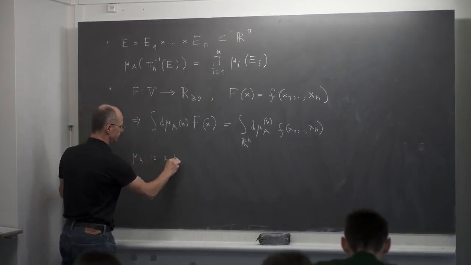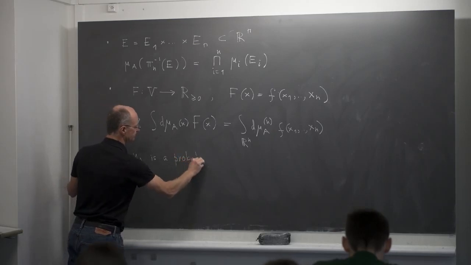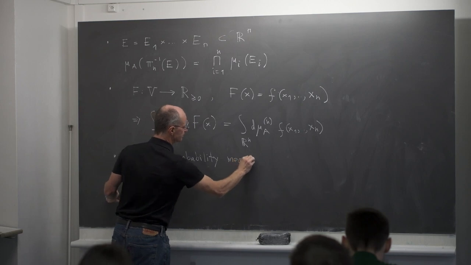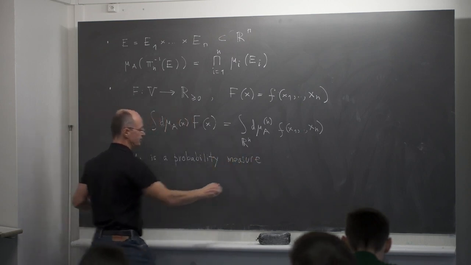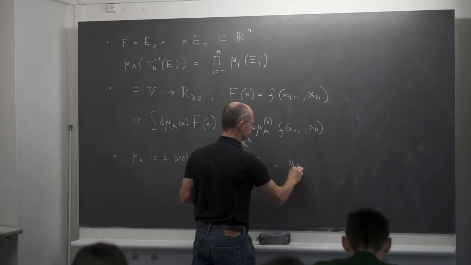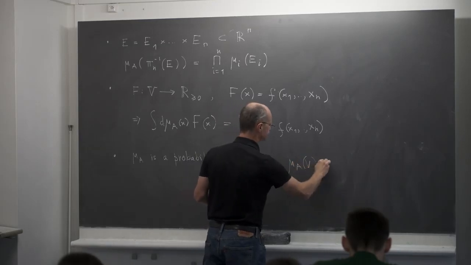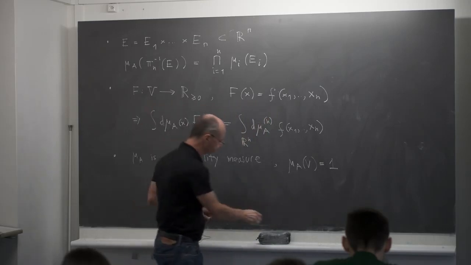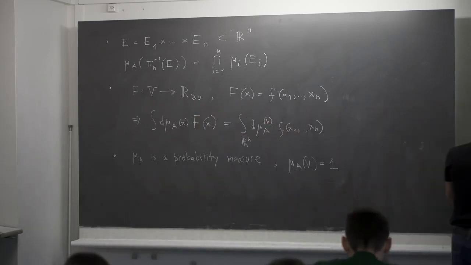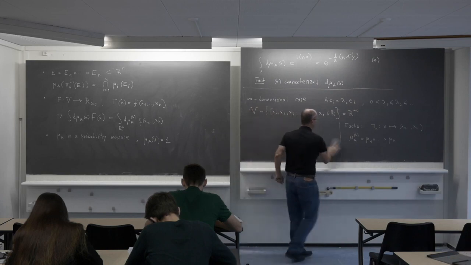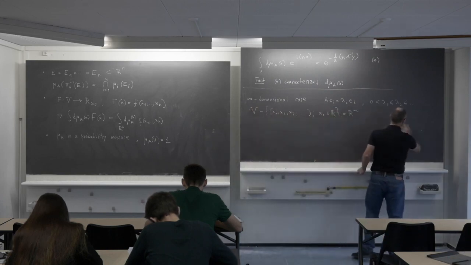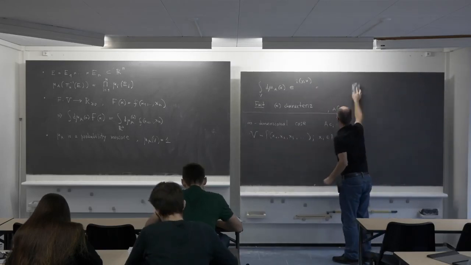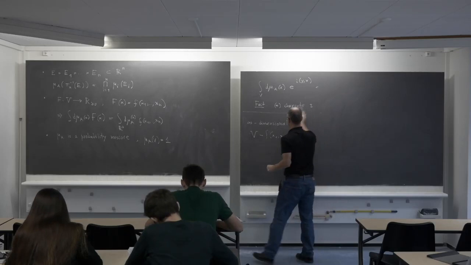Maybe the last thing to recall, μ_A is a probability measure, that is the total mass is simply equal to 1. So this is a kind of formal step, but there is an interesting property of this measure μ_A that I would like to show you.